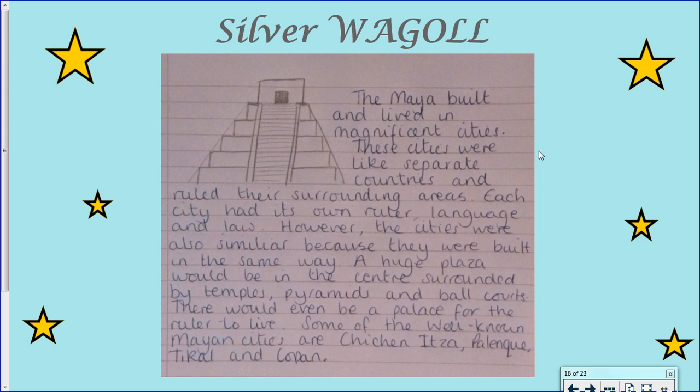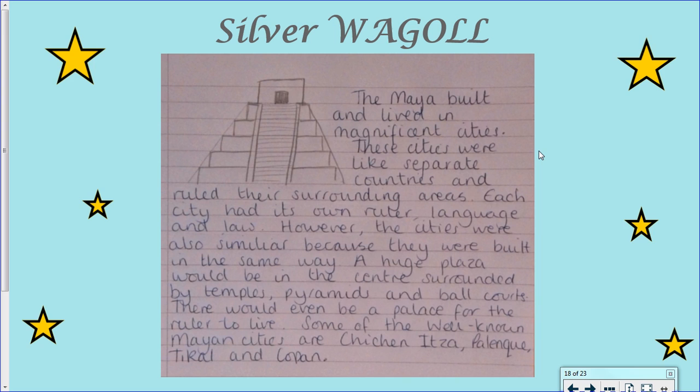But for the paragraph, I've just described what the cities were like. So the Maya built and lived in magnificent cities. These cities were like separate countries and ruled their surrounding areas. Each city had its own ruler, language and law. However, the cities were also similar because they were built in the same way. A huge plaza would be in the centre, surrounded by temples, pyramids and ball courts.